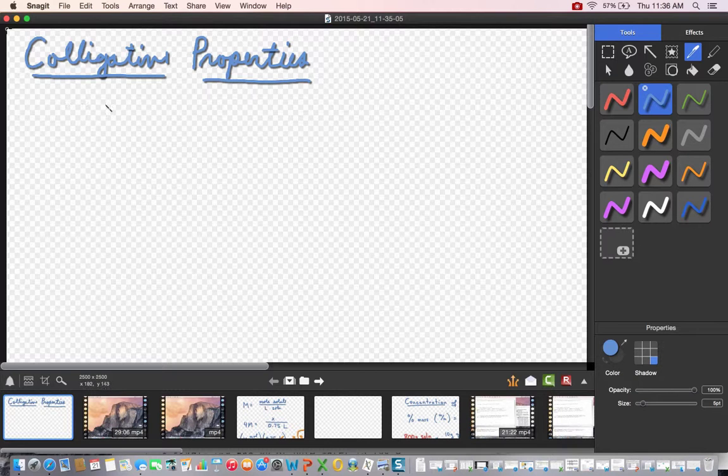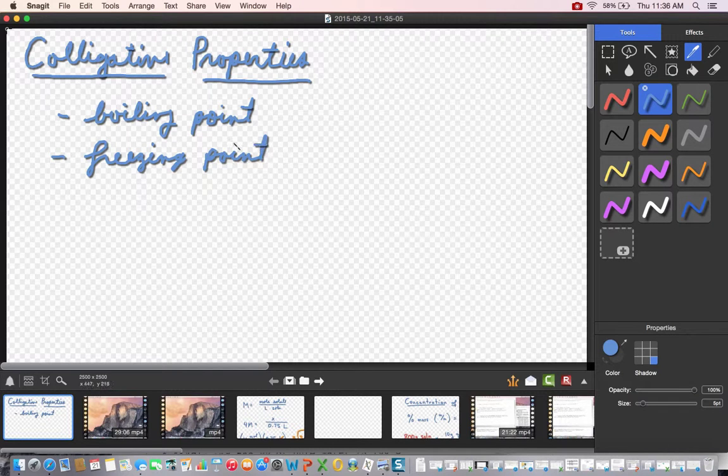So the four properties that will change are the boiling point, the freezing point, the vapor pressure, and the osmotic pressure.